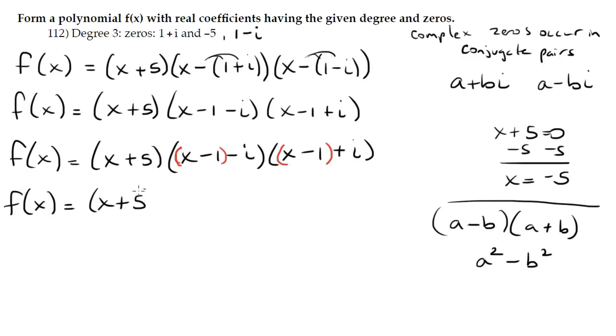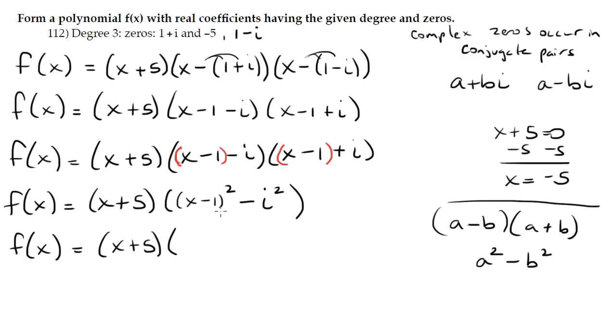So look at this sneakiness I'm about to do. This is nice. a squared minus b squared. Oh, whoa, do you see that? So x minus 1 squared is x minus 1 times x minus 1, or x squared minus 2x plus 1, right? You can multiply x minus 1 times x minus 1.